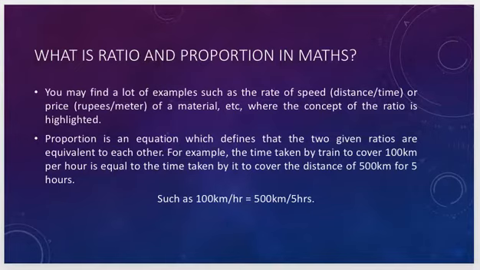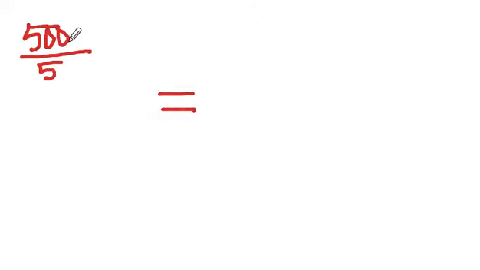So that is how, when an equal to sign has been added, just try to understand that when an equal to sign gets added, earlier we were saying that 500 divided by 5. That is, he's traveling 500 kilometers in 5 hours.